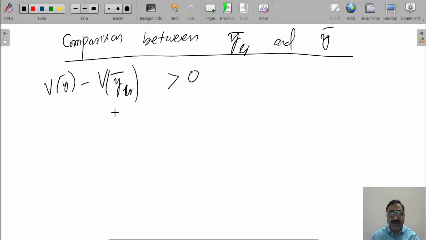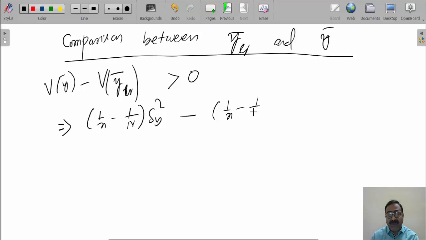That means (1 by small n minus 1 by capital N) Sy square minus, with the variance of the linear regression estimator being (1 by small n minus 1 by capital N) Sy square (1 minus rho square), is greater than 0.